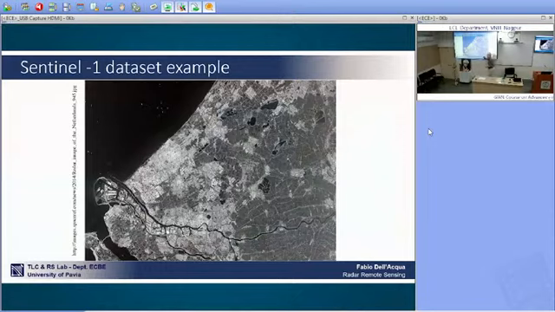Why are you capable of telling me that this is an urban area, this is a rural area, and this is sea, this is water? What is in the image that tells your brain that these are different objects?